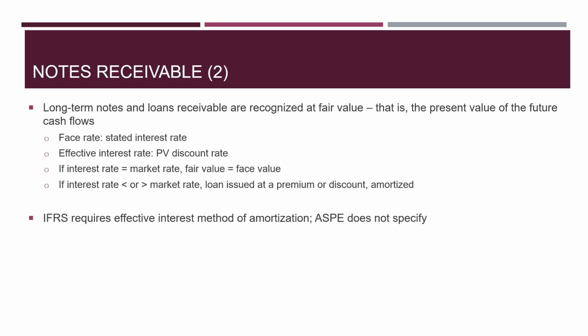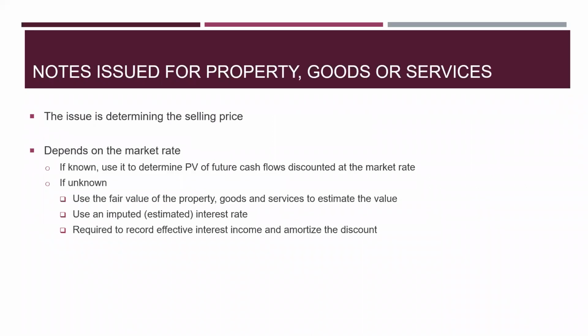Now, IFRS requires that the effective interest rate method is used. ASPE does not specify anything in particular in this context. Now, these notes can also be issued for property, goods, or services. So the issue here is to determine what that selling price would be. So if the market rate is known, then we will use that market rate to calculate the present value of future cash flows.